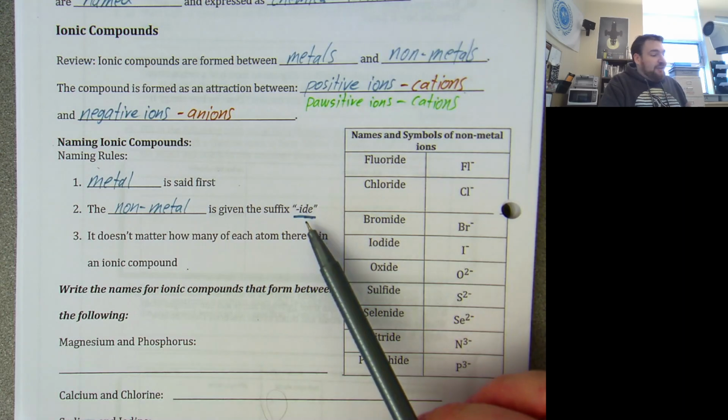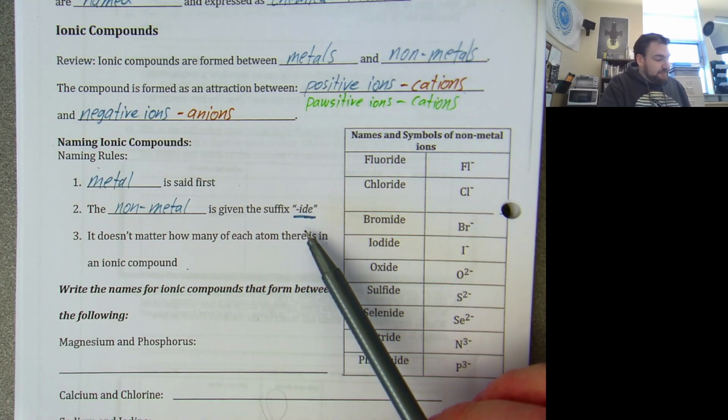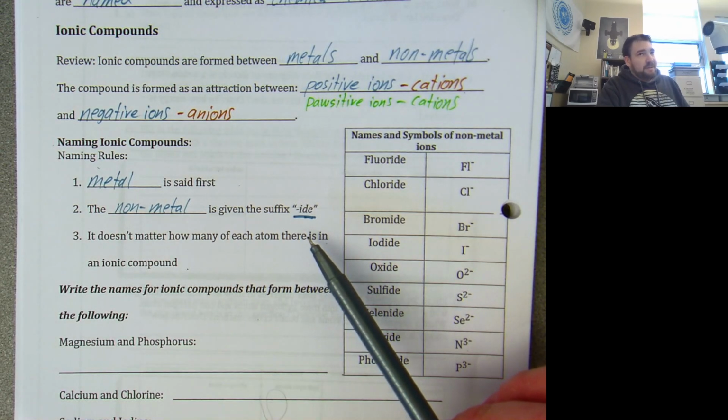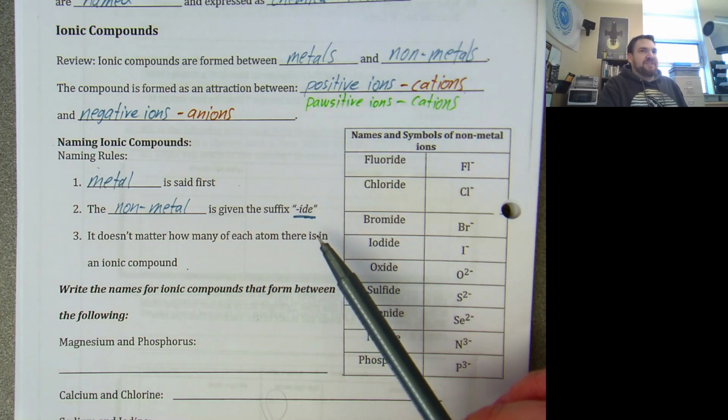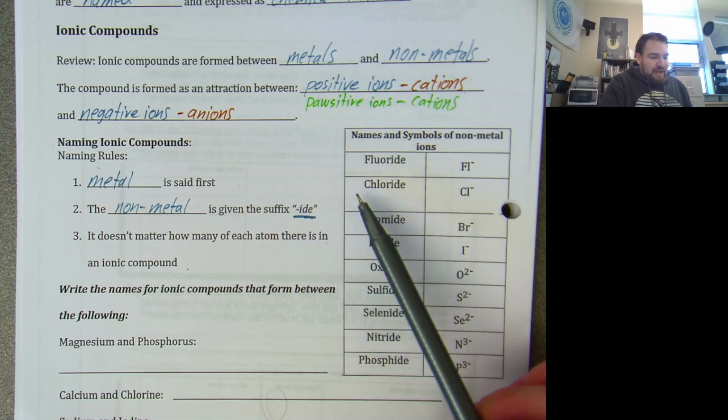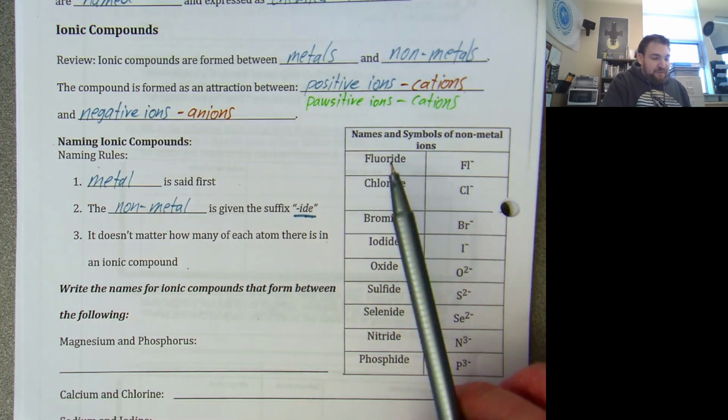Now, where the ide gets placed, it tends to be after the first syllable. So it takes some knowledge of remembering what syllables are in the English language. So like fluorine becomes fluoride.